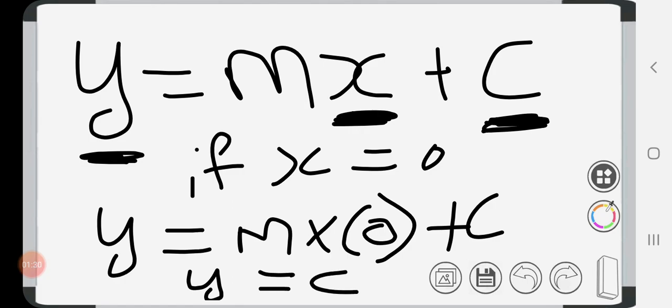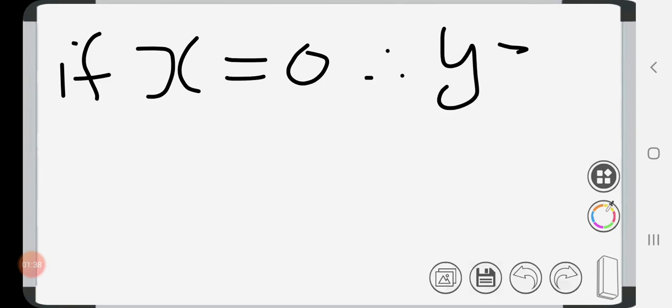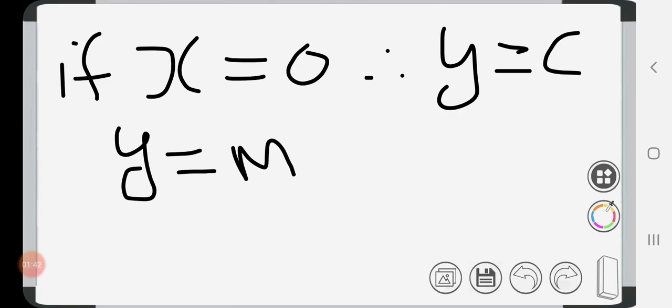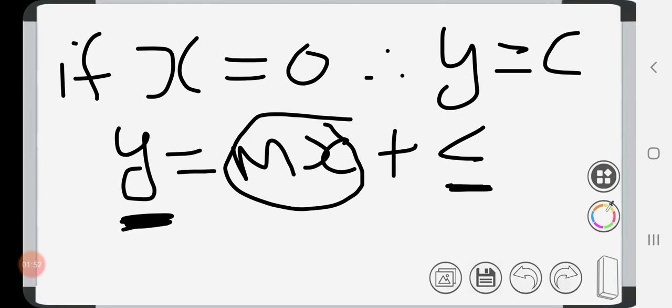Right? Now that means that if x is equals to 0, then y is equals to c. This is in the expression y is equals to mx plus c. So it means y will always have some value, which is c, even if x is not there, because anything times 0 will take this whole thing away.